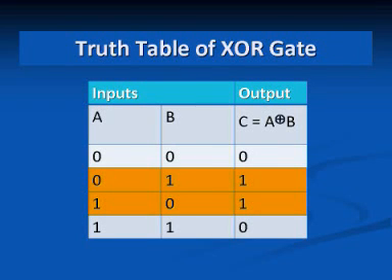For inputs 0, 0, the output C is 0. For inputs 0, 1, the output C is 1. For 1, 0, C is 1. For 1, 1, C is 0. It can be noted from the truth table that the output C is 1 only when either A or B is exclusively 1. This is precisely why we call it an exclusive OR gate.